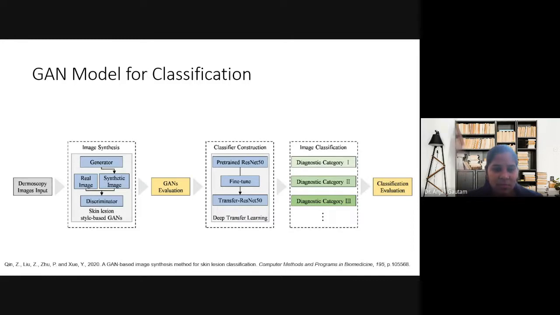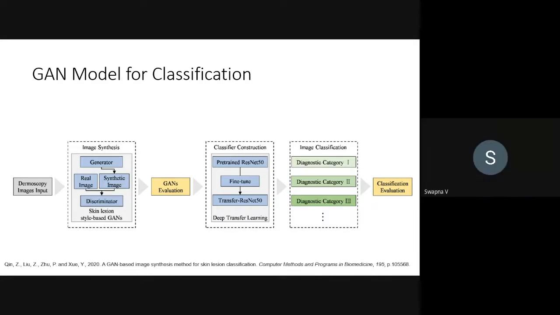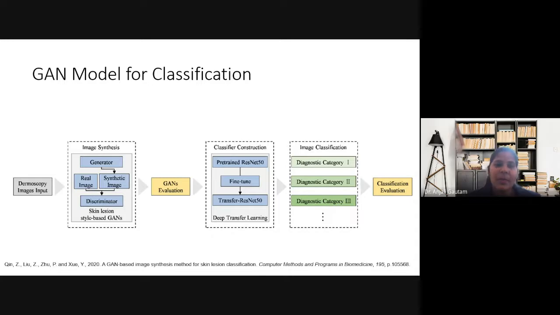No, ma'am. Ma'am, you have not told the GAN model, but you are audible. Okay.